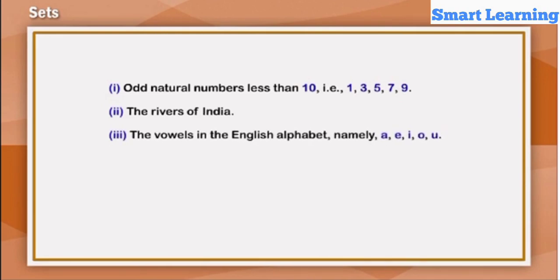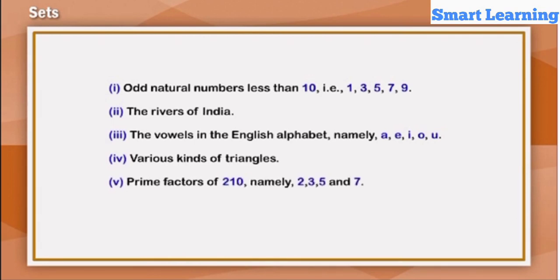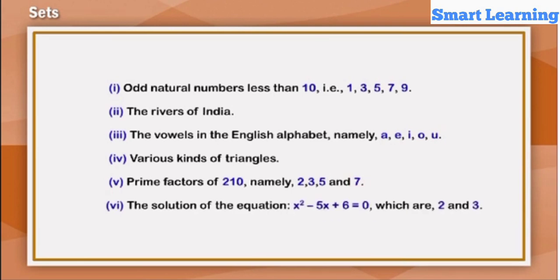The vowels in the English alphabet, namely A, E, I, O, U. 4. Various kinds of triangles. 5. Prime factors of 210, namely 2, 3, 5, and 7. 6. The solutions of the equation x squared minus 5x plus 6 equals 0, which are 2 and 3.